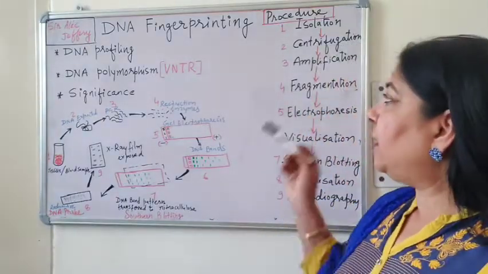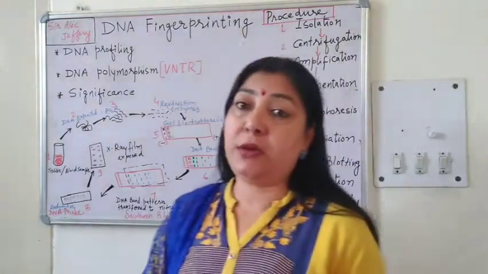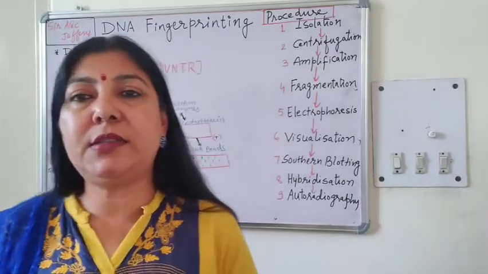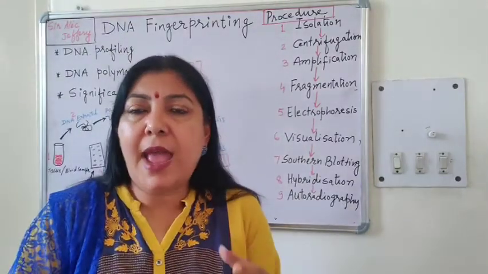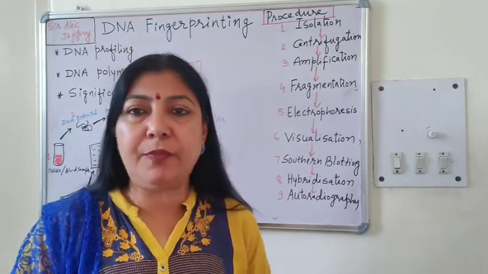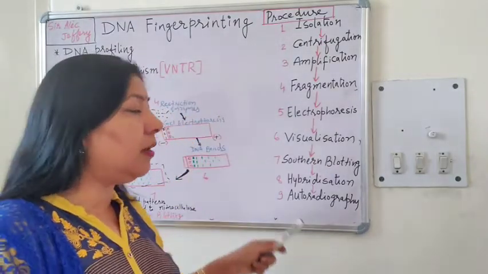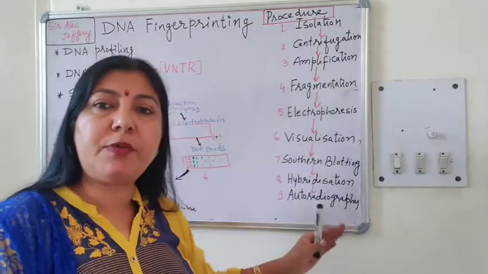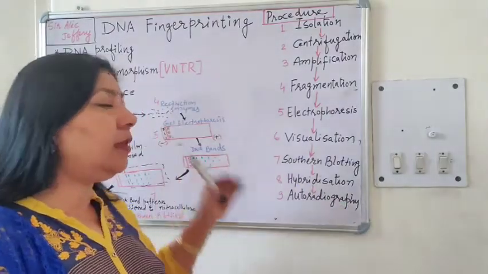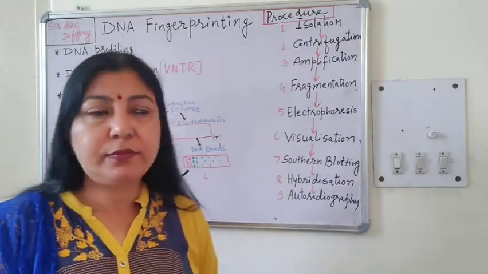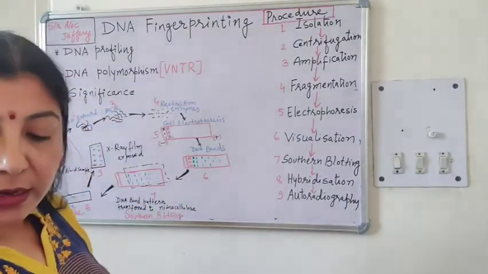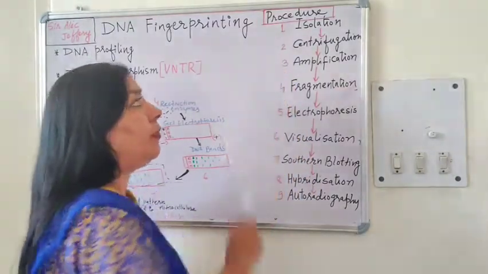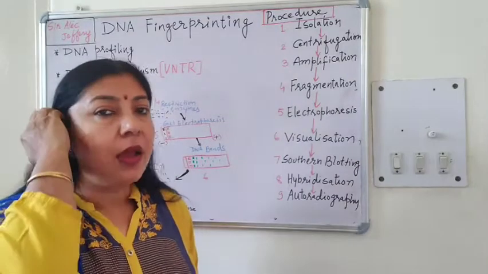Okay, now let's come to the procedure. It's a very extensive procedure, requires a lot of technical aspects of biotechnology. Let us first study the different steps which are used in studying the DNA profiling. Number one, DNA fingerprinting starts with the first step, which is isolation.